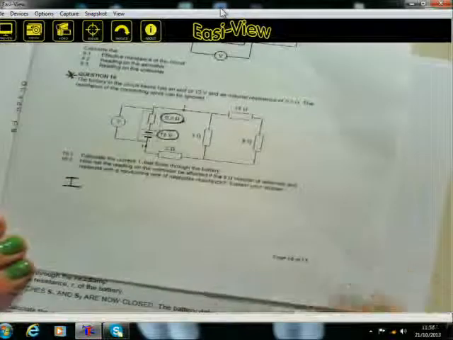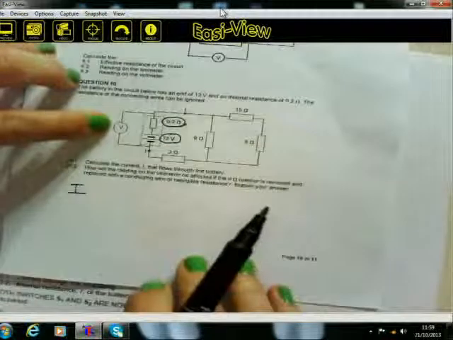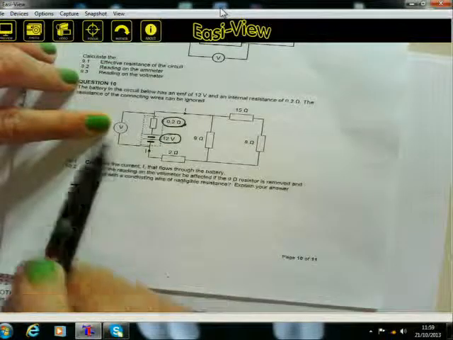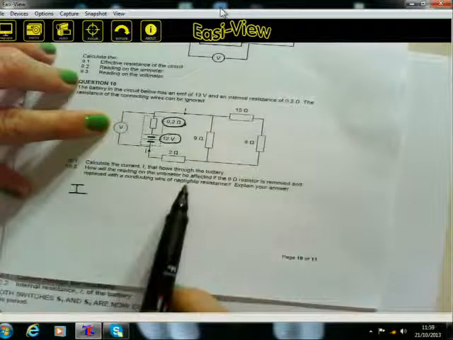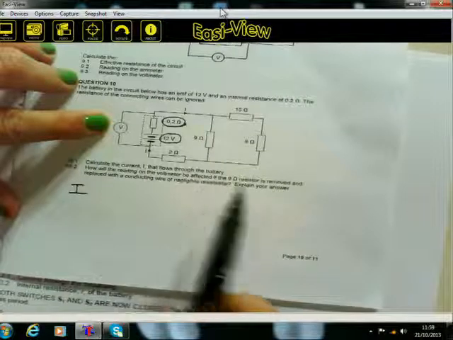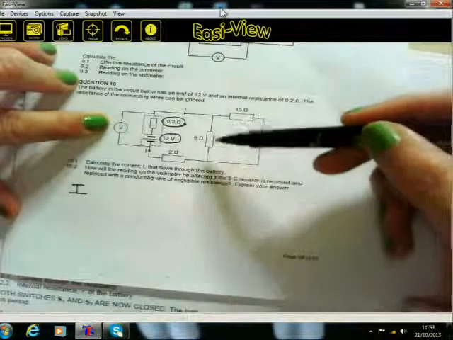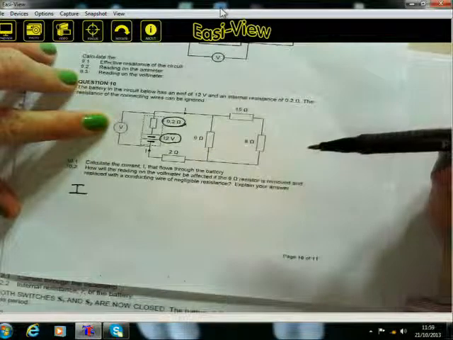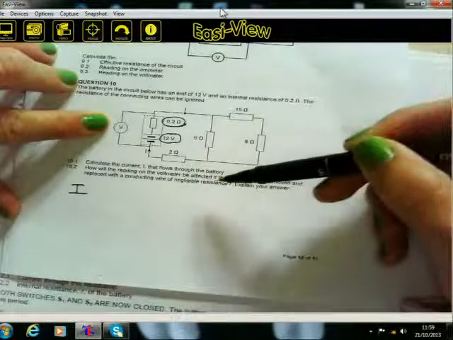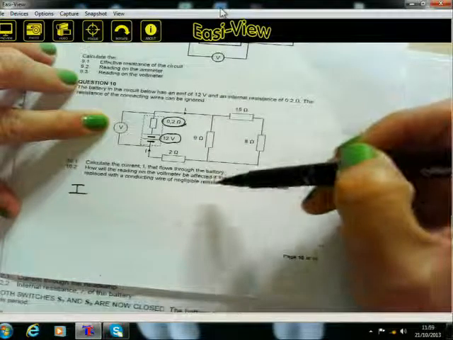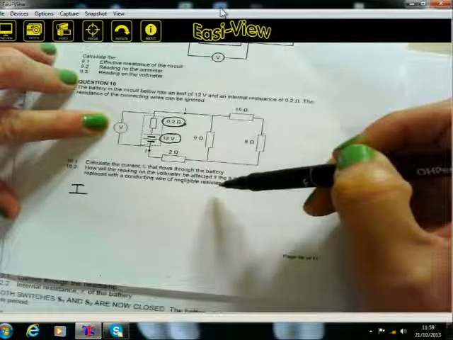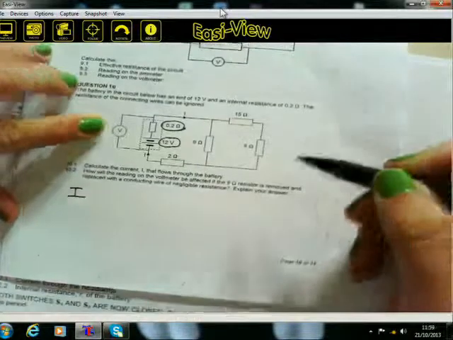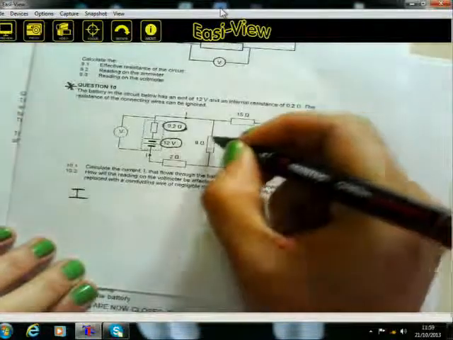What happens to V? Because the I flows through the V, and from V equals IR, I and V are directly proportional to each other. So if I goes up, V will go up. So V lost will go up. These two will always have the same sign. These two will always have different signs.